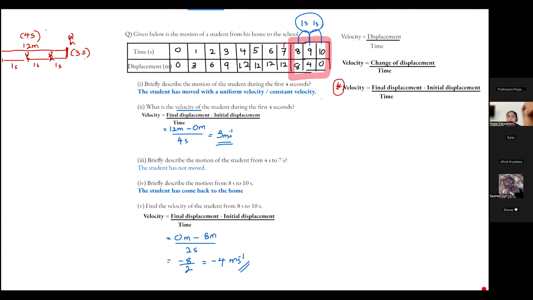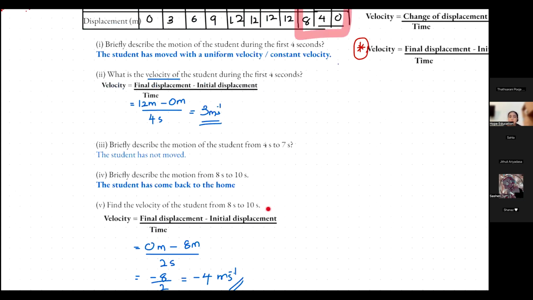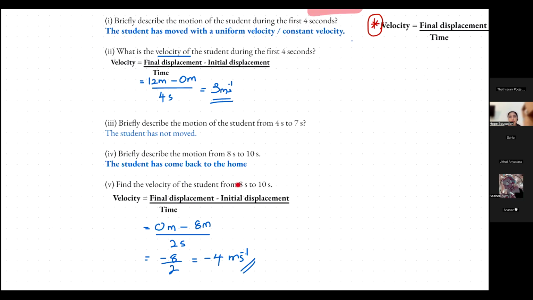Isn't the fifth question like the second question? Isn't it the same way you solve it? Yeah, it's the same way, only the values are different. Miss, most of the time we use the same method, right?